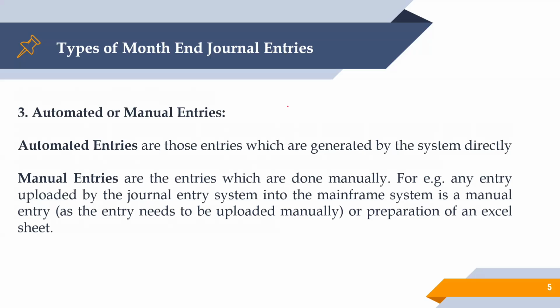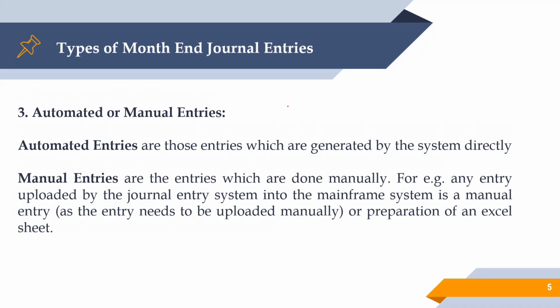Automated entry means those entries which are generated by the systems directly. So if we have created some automations in the systems which say that if you have the sales order in the systems and the delivery date of that service is mentioned, and if we are closing November and the delivery date of services is November and that sales order is still open, then the system is going to automatically take the entry for unbilled revenue, and the same is going to be reversed in the following month.